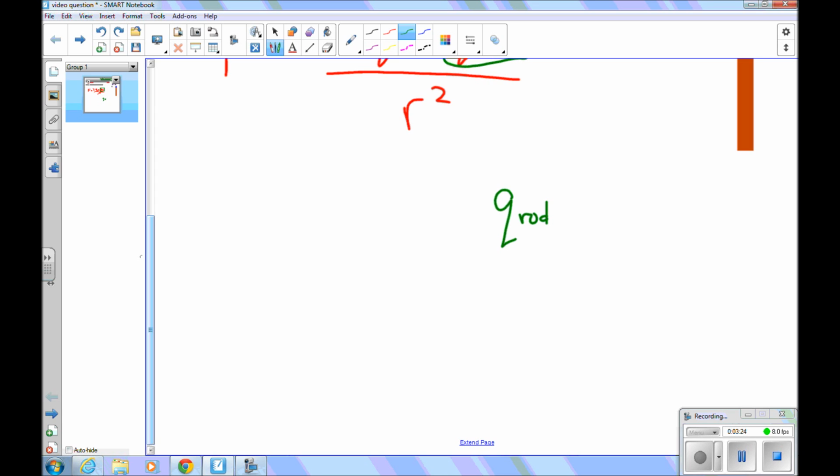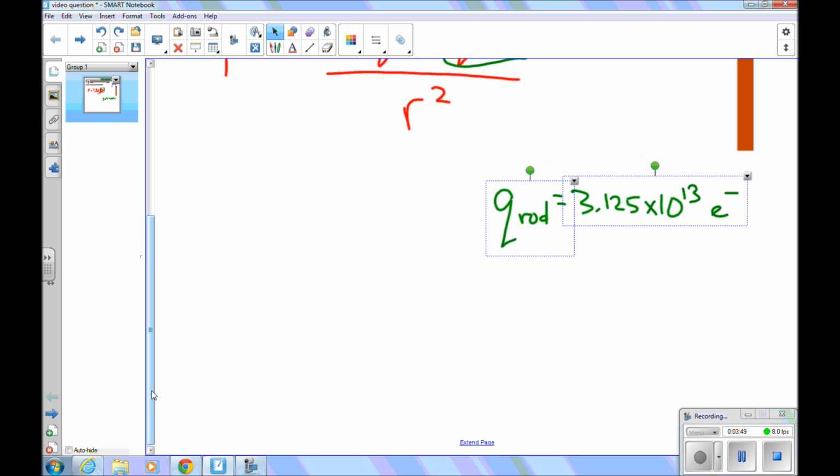So the charge on the rod is equal to how many electrons I have multiplied by the charge of a single electron. And I know that the number of electrons is 3.125 times 10 to the 13 electrons.